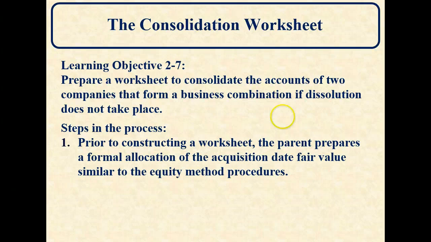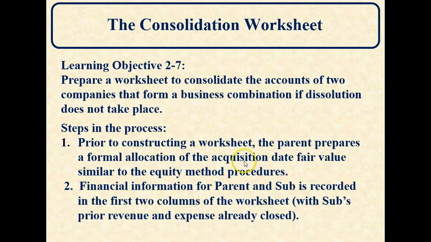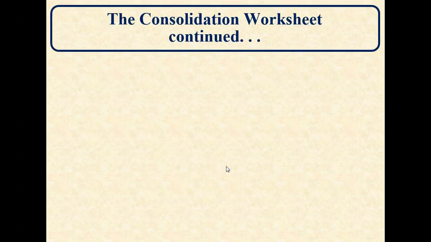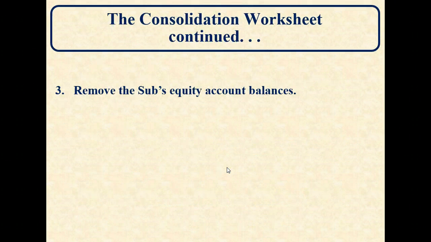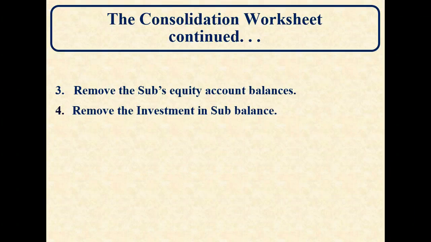The parent prepares an allocation of the acquisition fair value, similar to the equity method, and we're going to take the information of the parent and the sub. We're going to show it on the worksheet, and from there we're going to get rid of the subsidiary's equity accounts. We're going to remove the investment in the subsidiary account on the parent's books.